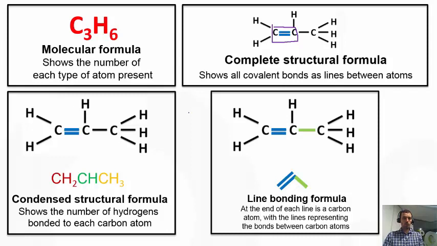So we can also represent this in the condensed structural formula, but notice this time that this one has less hydrogens associated with the first 2 carbons, and that is because the carbons have more bonds between the 2 carbons here, therefore they can't actually attach to as many hydrogens, because each carbon can only form 4 covalent bonds.